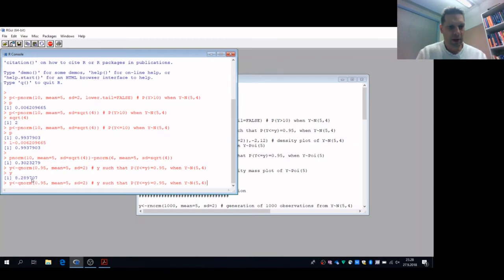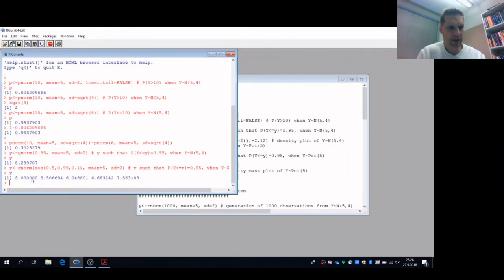For example, if we have this sort of a distribution and we find, for example, a sequence of quantiles from 0.5 to 0.99 by 0.1, so we calculate all the possible quantiles from 50% to 99% here. Then the values are like given here.